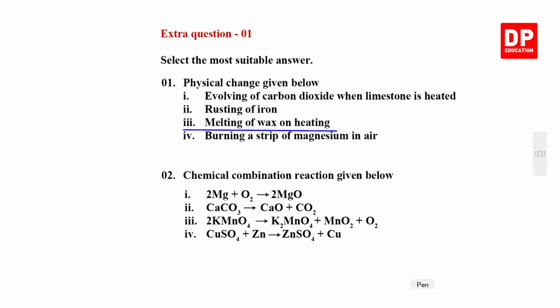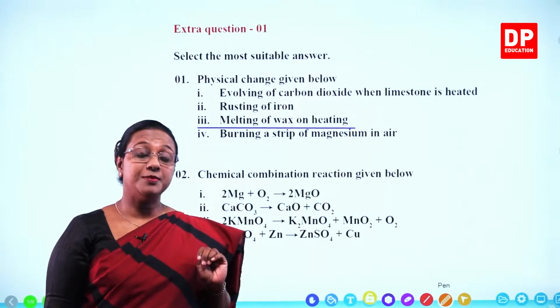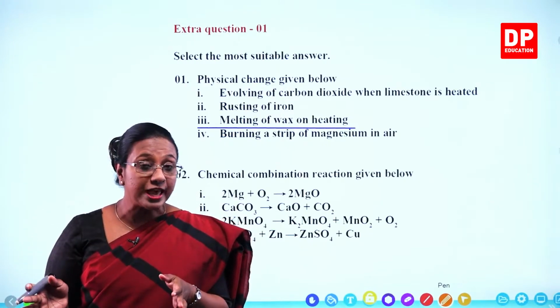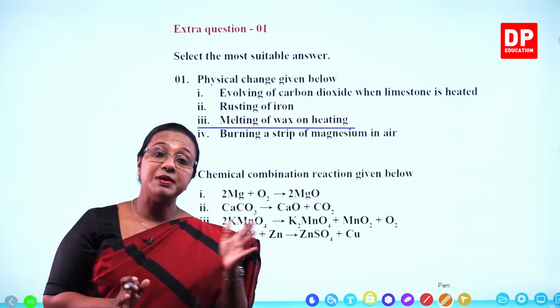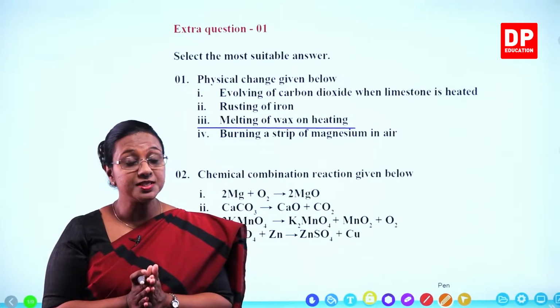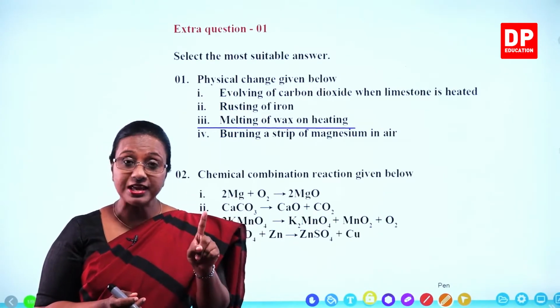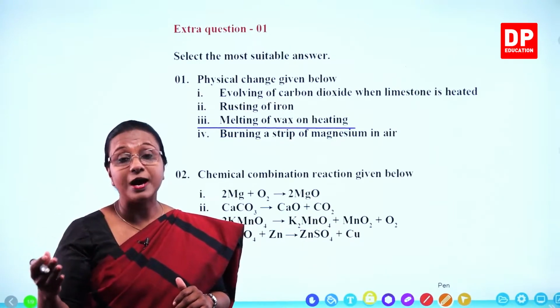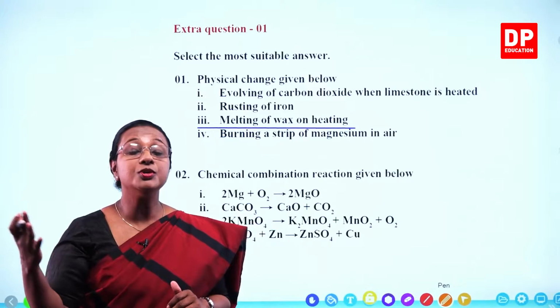Then the second question, chemical combination reaction given below. So you're familiar with the 4 types of reaction, students. Chemical combination, there are more than one reactants, they become one product. In a chemical decomposition reaction, there is one reactant that gets decomposed into more than one substances, 2 or more substances.